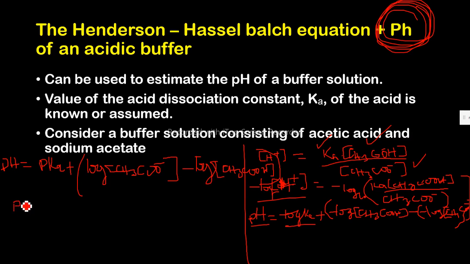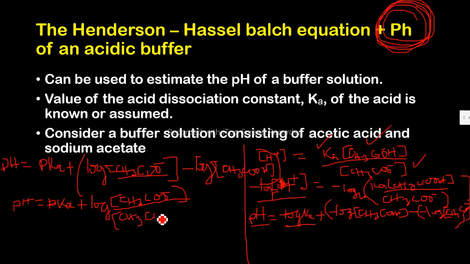So the same as writing pH, which is equivalent to pKa plus log of the concentration of CH3COO minus, and where we minus, we divide, so this one is going to be divided by the concentration of CH3COOH. This is simply mathematics.